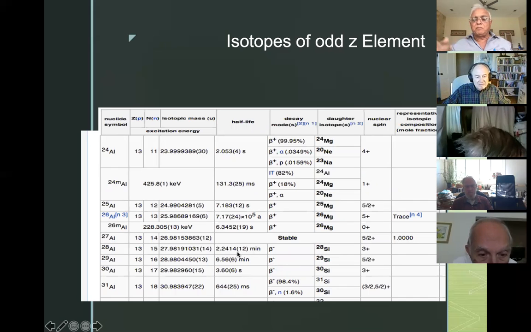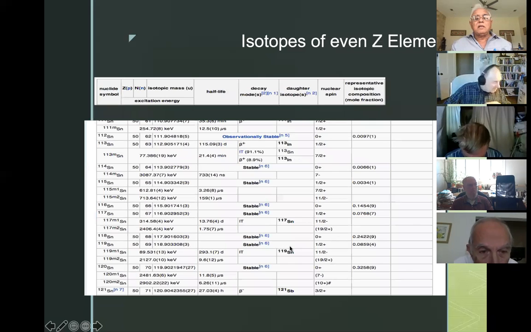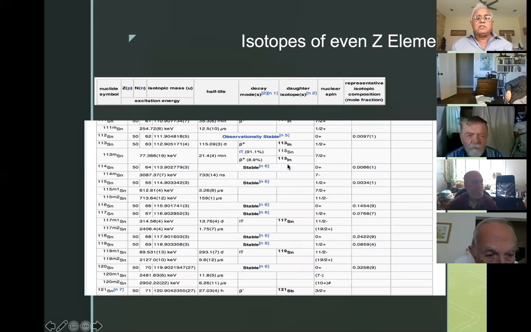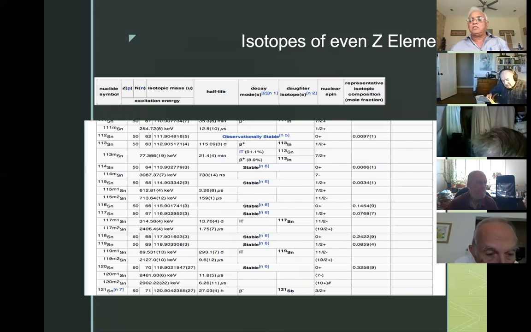The labels can be plotted here. And this one is tin, and in tin you can see that there are 10 different isotopes which are stable. So it can take more neutrons in the neutron shell, and still it stays stable. So this is the thing.